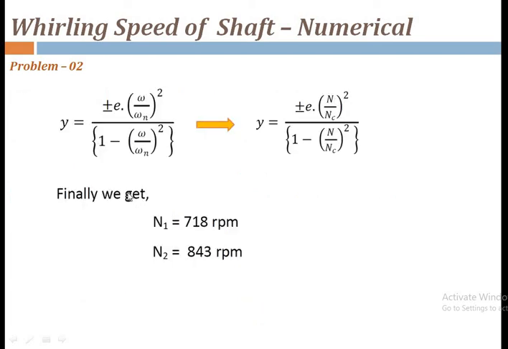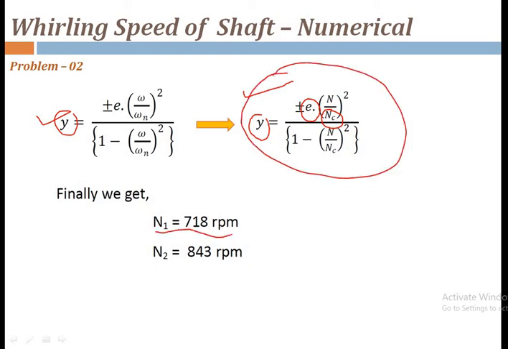Now deflection of the shaft when there is no damping force is given by this equation, y equal to plus or minus e (omega by omega n) whole square over 1 minus (omega by omega n) whole square. Here y is nothing but the 1.9 previous answer, and convert this omega into rpm, we get this equation in n by nc form, and substitute the value of y, the value of e, and the value of nc. We can find out two speeds n1 and n2 from this equation.